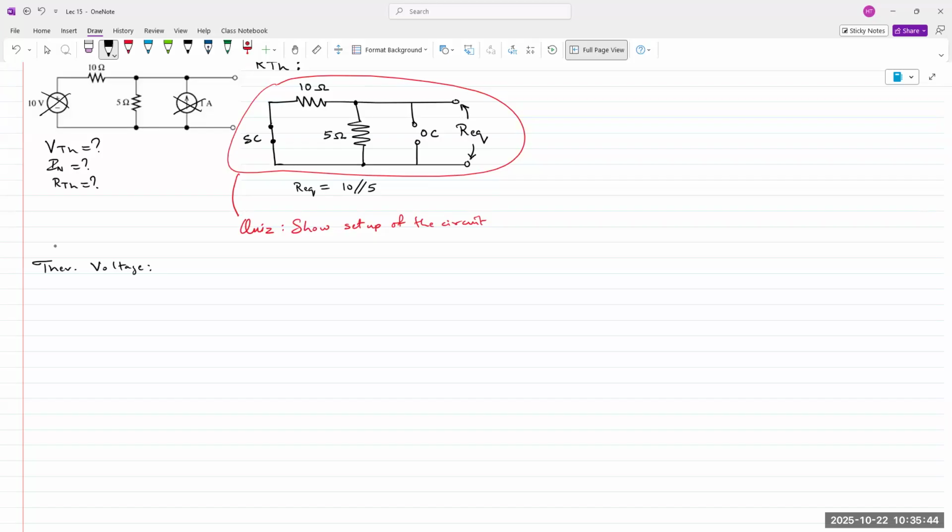So with Thevenin voltage, we go back to our original circuit. We take our original circuit and draw it out exactly as it is, along with all the sources and everything.